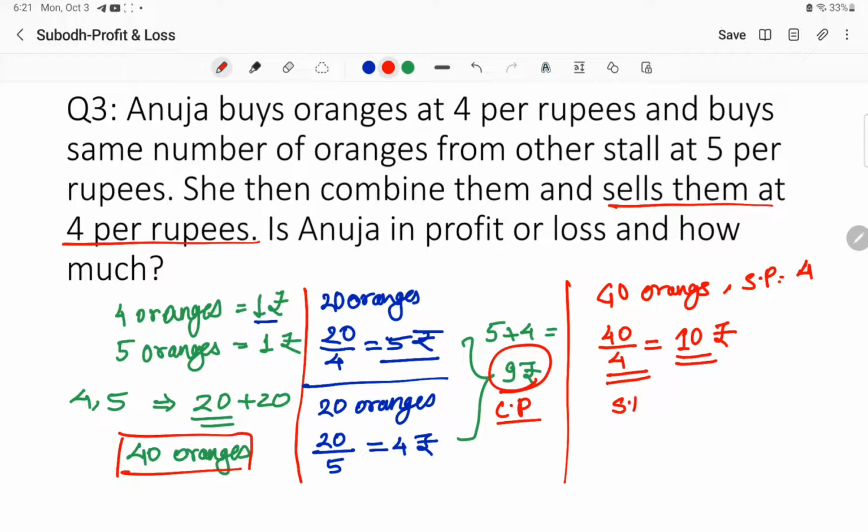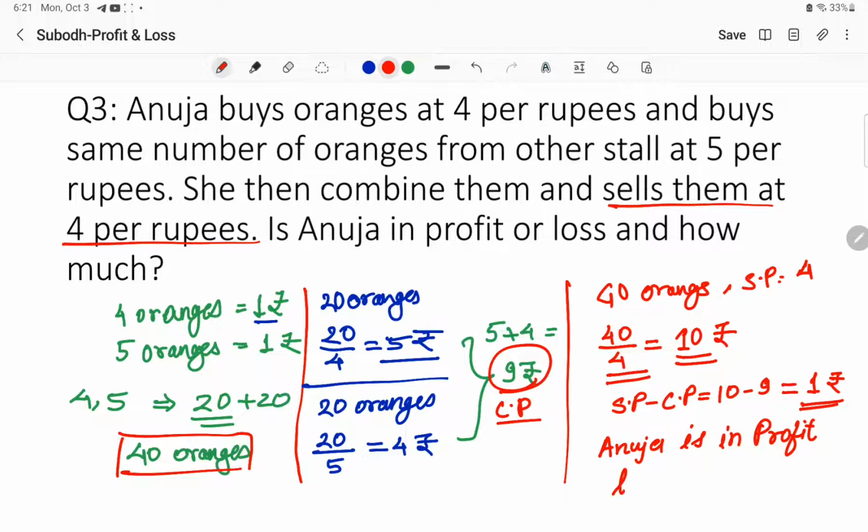So selling price minus cost price, that is 10 minus 9, you get 1 rupee. So basically we can see that Anuja is in profit. And by how much? By 1 rupee.